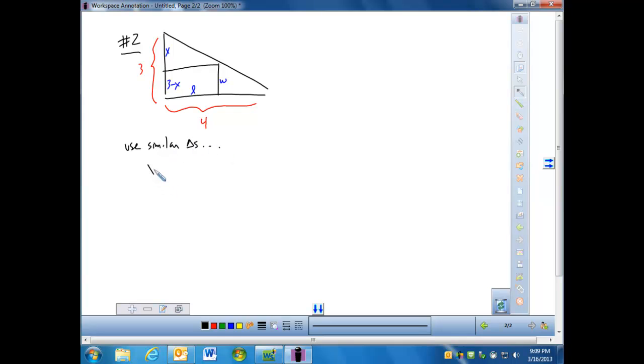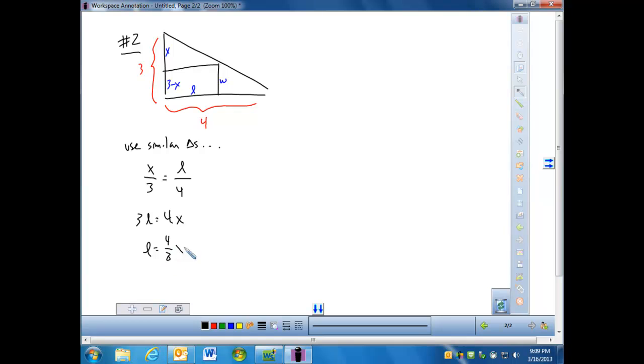So x is to 3 as L is to 4. And remember, L is really 3 minus x, if we remember that at some point. But for right now, I can write L in terms of x. So 3L equals 4x. So L equals 4/3 x.